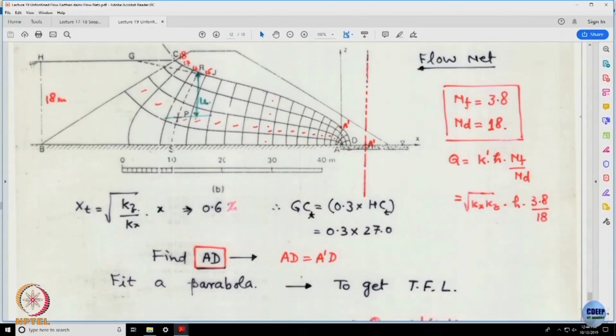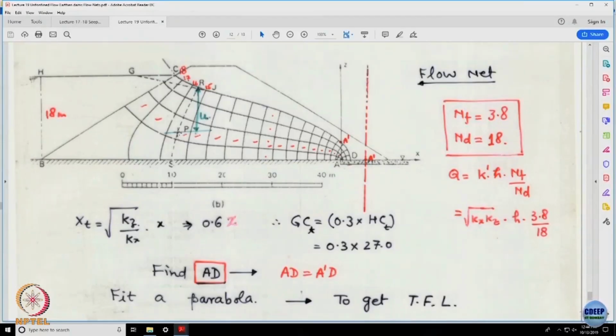What he was asking, I have tried to answer over here. At a given point P, if I want to know what is the total pore pressure, the thumb rule is, if the two equipotential lines are known, you interpolate in between, draw the equipotential which is passing through the point P, draw a horizontal line.